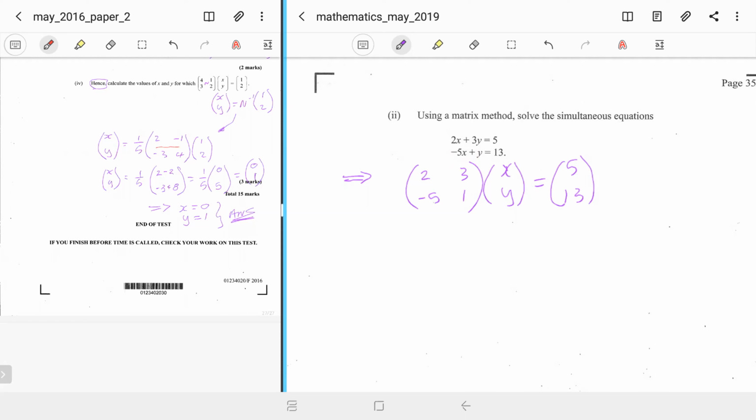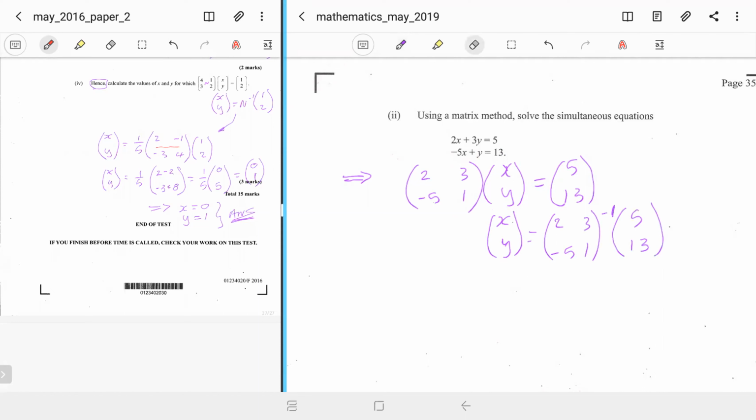Now, we're trying to solve it, meaning we're trying to find x and y. It means that (x, y) equals the inverse of this matrix goes in front. So (x, y) is therefore equal to the matrix 2, 3, minus 5, 1 to the negative 1, meaning the inverse, times (5, 13).